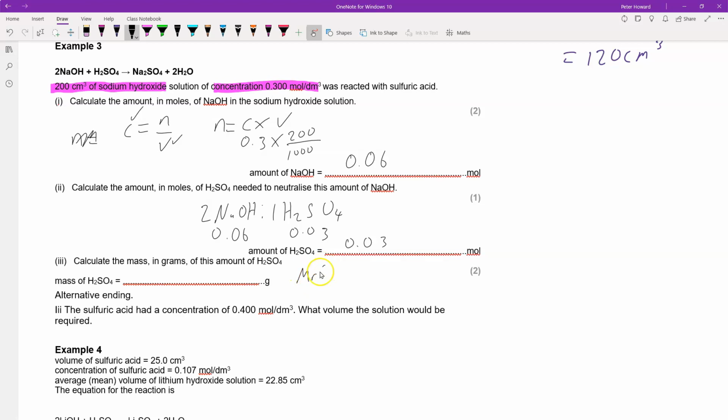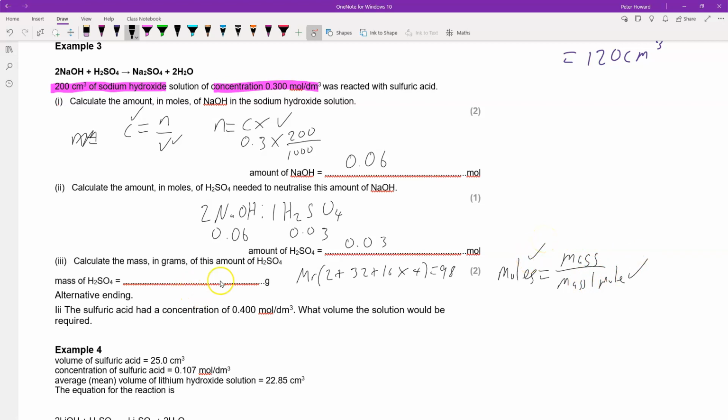If we do the Mr of sulfuric acid, 2 plus 32 plus 16 times 4, I think it's 98, let's check. 2 plus 32 plus 16 times 4 gives us a mass of 98 grams per mole. So what's the mass of sulfuric acid? Again, if we write our equation, this is to do with solids, so moles equals mass divided by mass of 1 mole, Mr. We know the number of moles.